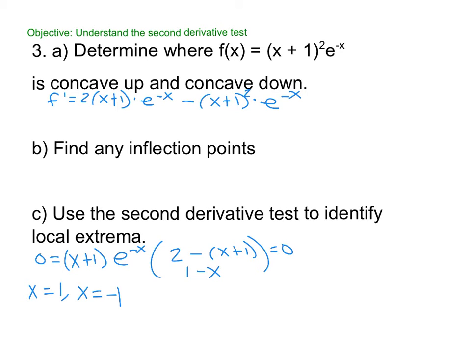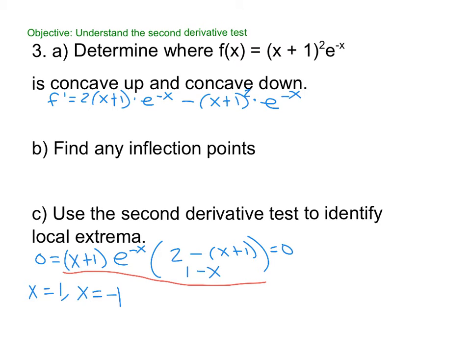Alright, so now we need to take the derivative again. I'm trying to think, what's the easiest way? Maybe the easiest way to take the derivative here is probably to use this.